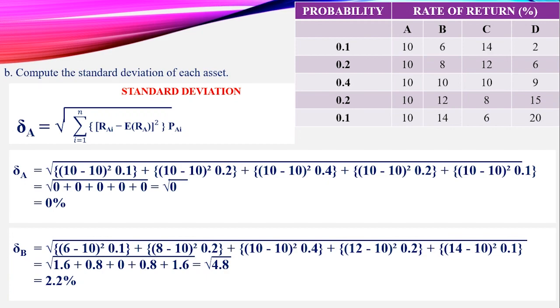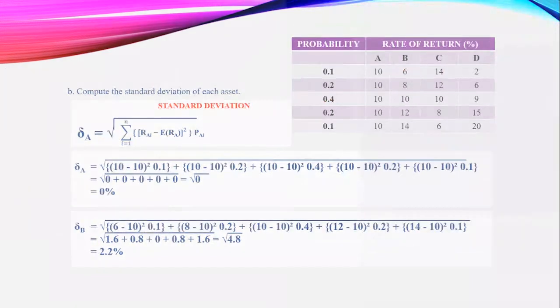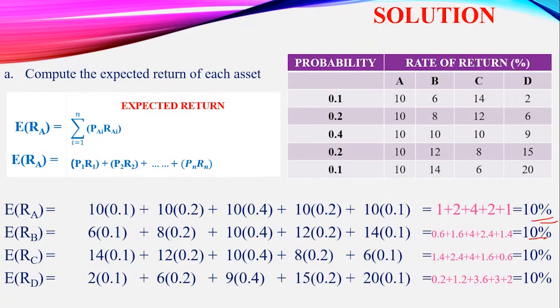So the B, RAI, let me start from here. The RAI for B, the return at ith state is 6, right? Then the expected return of this particular asset B is 10. We had gotten here, the expected return of B is 10%.